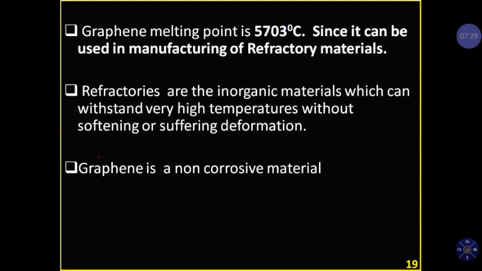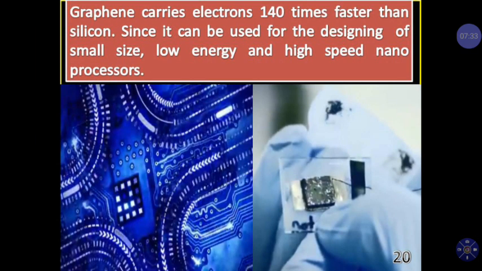Graphene is a non-corrosive material. Graphene carries electrons 140 times faster than silicon. So graphene can be used for the designing of small size, low energy and high speed nano processors.